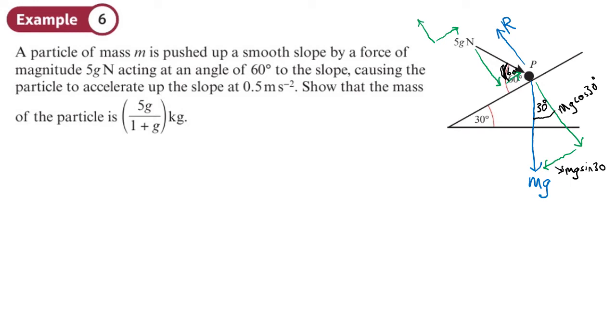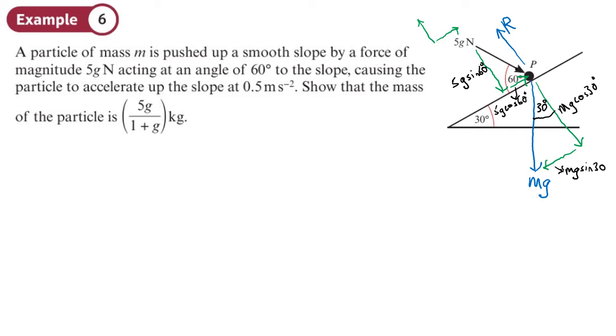So that means that, actually, let me just draw it a bit bigger so it's nice and clear. Something like that. I don't know if that helps. Right, so that means that the force over here, which is perpendicular to the plane, is going to be 5g sine 60, and this one down here is going to be 5g cos 60.